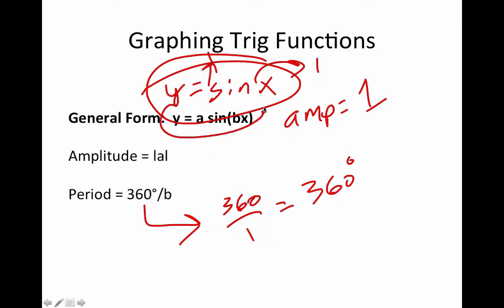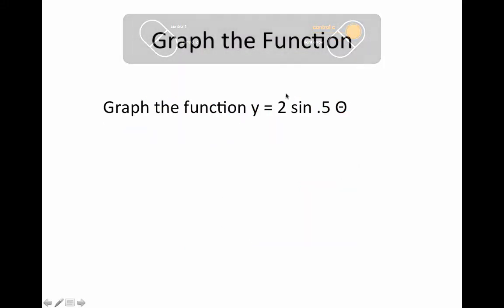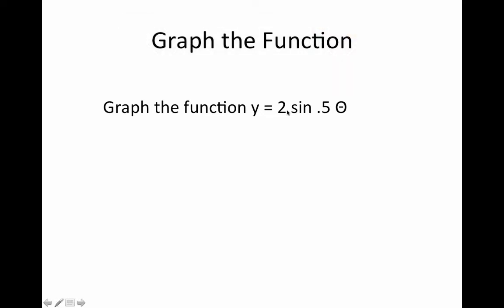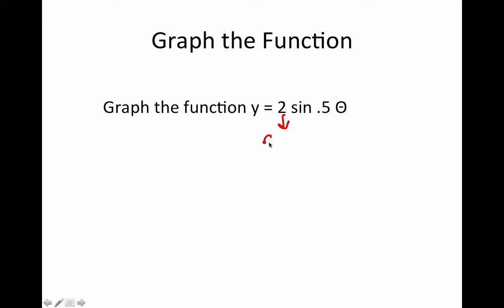So this, y equals a sine bx, is what we're going to be working with in today's lesson. If I look at this, the value of a is 2. The value of b is 1/2.